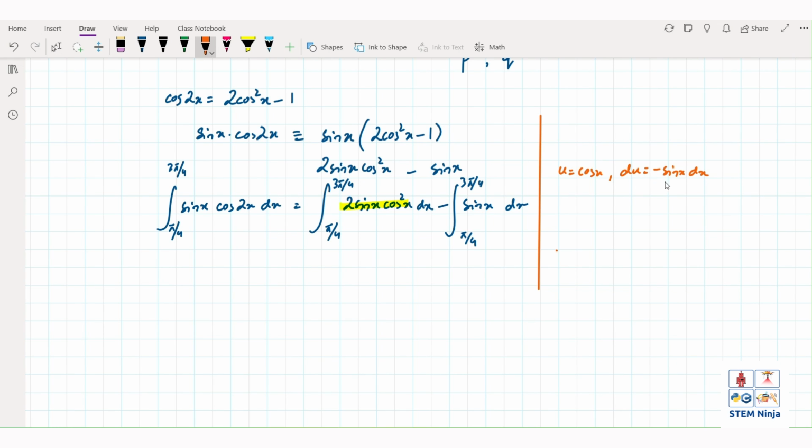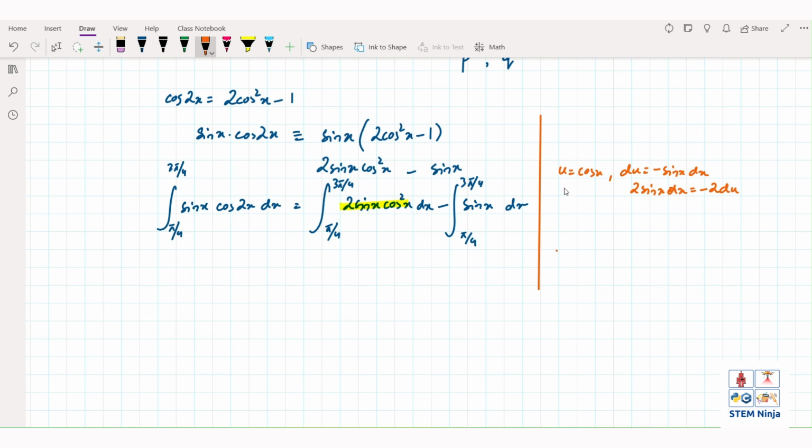So this means that 2 sine x dx would be minus 2 du, simply.